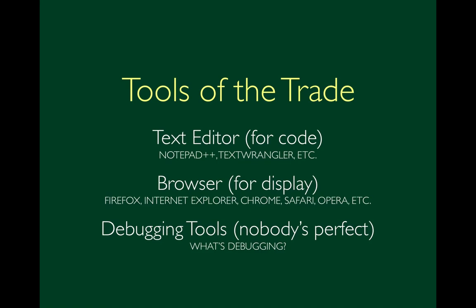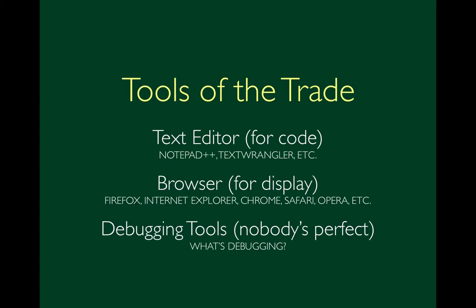Tools of the trade. A lot of times people come with different experiences and different software. We just need, bare minimum, a text editor for code, something like Notepad++ on a PC or Text Wrangler for a Mac. Both of those are free. You need a browser to display your files, something like Firefox or Chrome or Safari or Opera or even Internet Explorer.